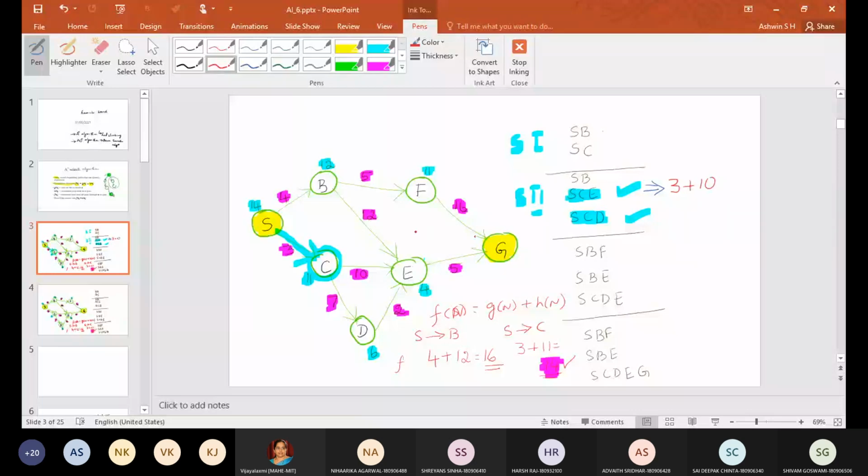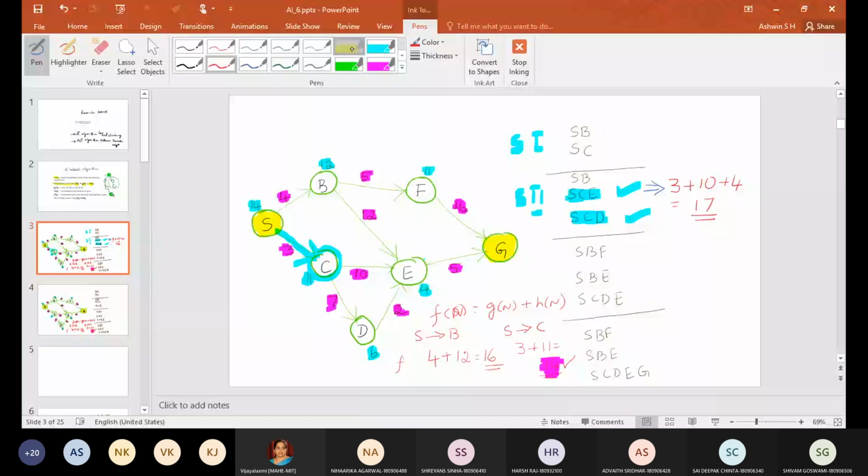Then you add the heuristic value associated with E, plus 4. So SCE: S to C 3, C to E 10. Then the heuristic value associated with whatever node we are reaching. 3 plus 10 plus 4, so how much? It is 17.